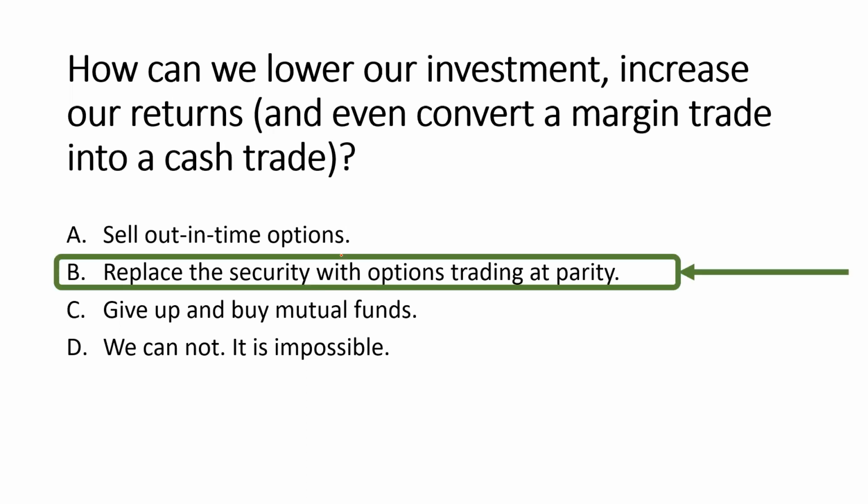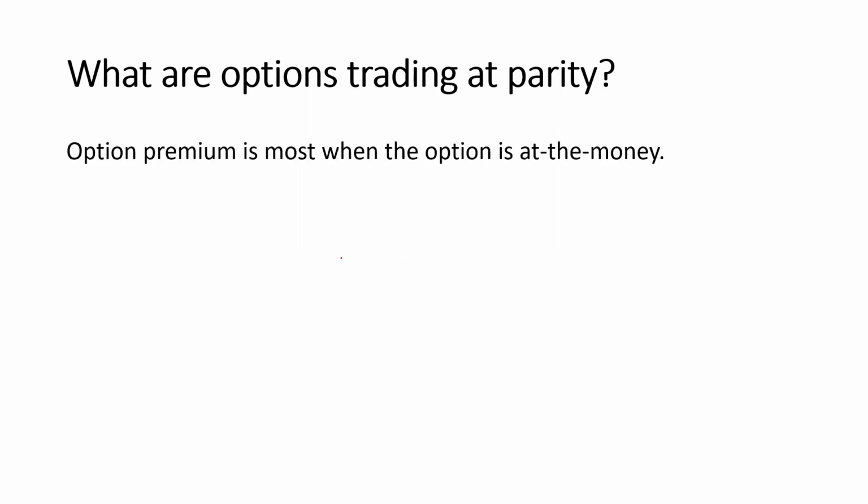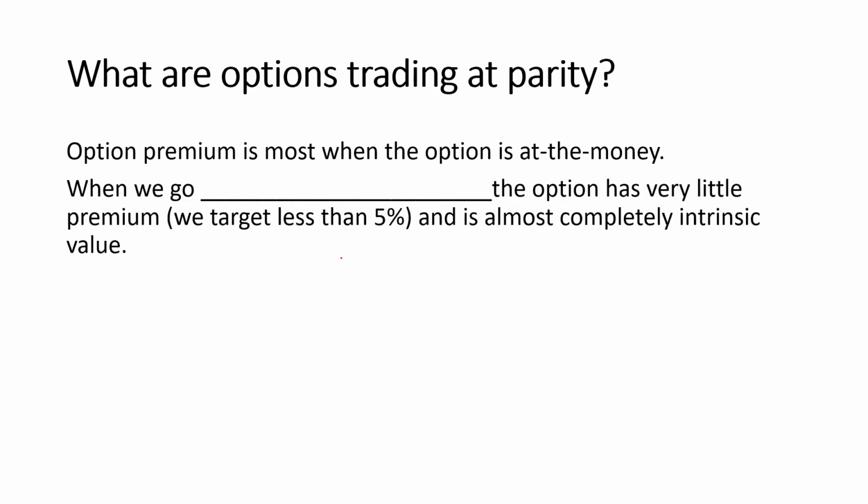I want to replace that underlying stock. I'll use a little bit of leverage, and I'm going to use an option trading at parity. That makes it very easy to analyze. So you might be saying, what the heck is this term, options trading at parity? Well, option premium is the most when the option is at the money. That's why we sell near-term at-the-money options. But when we're substituting options, we want to go deep enough in the money so the option has very little premium.